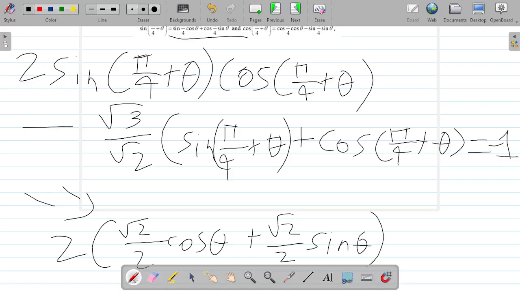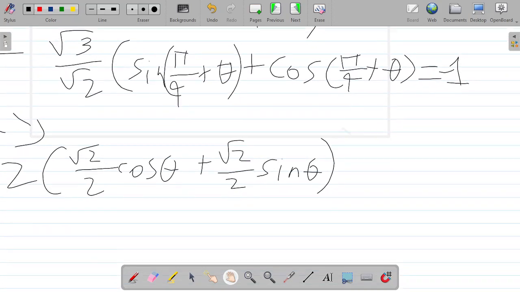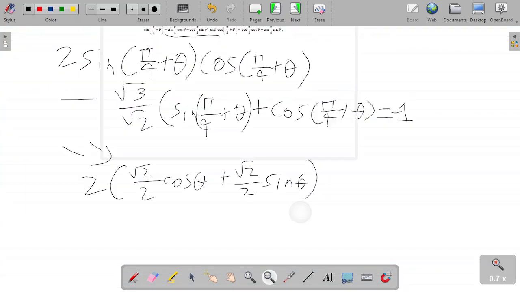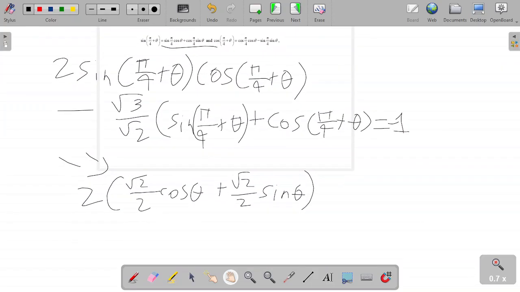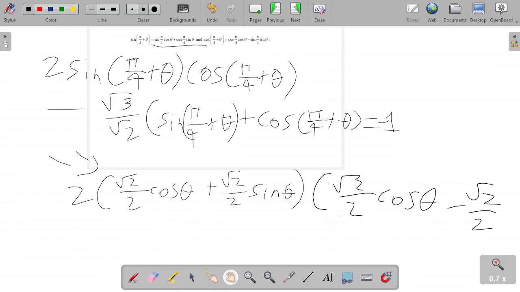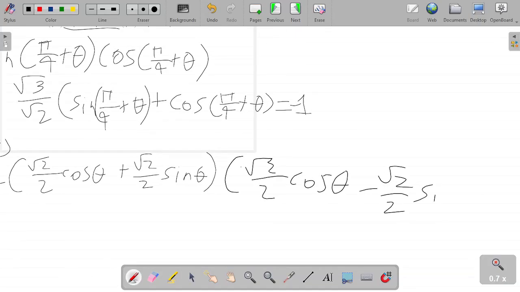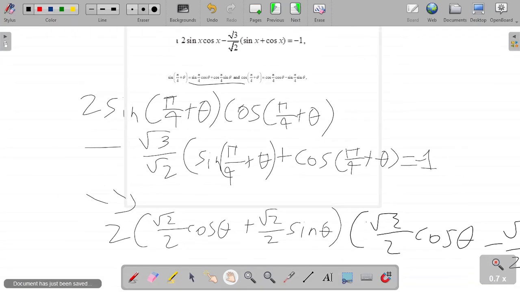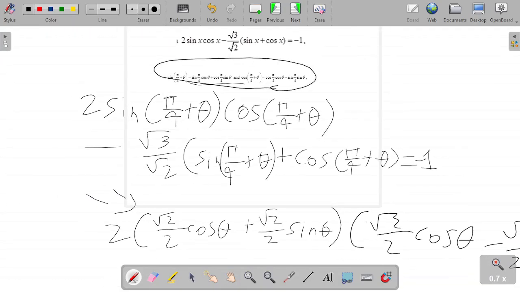Then times the cosine, it will be times radical 2 over 2 cosine theta minus radical 2 over 2 sine theta. This is just me using the formulas here, and then substituting the pi over 4 with radical 2 over 2.